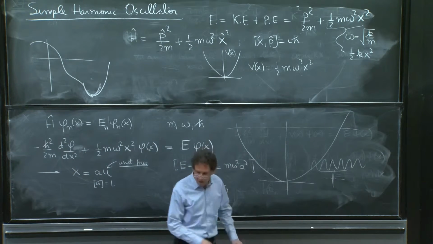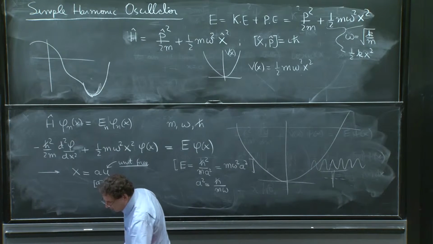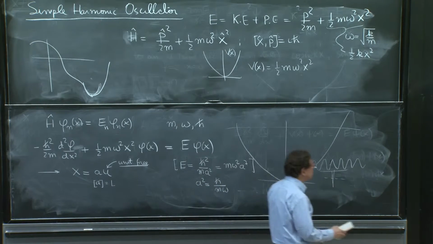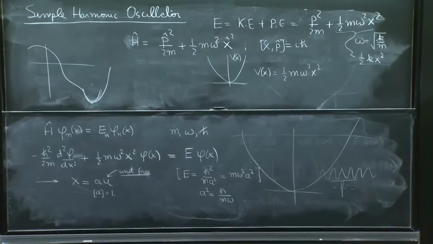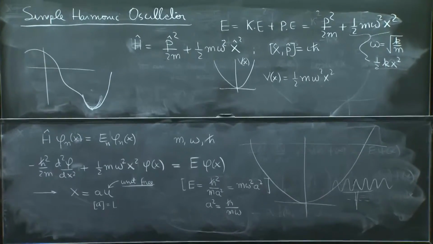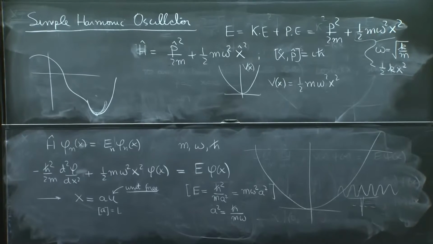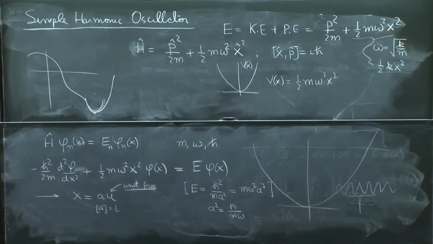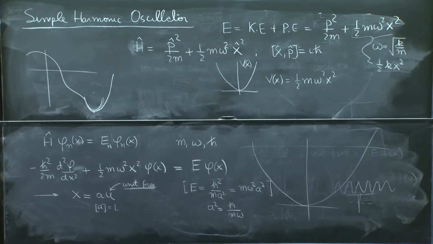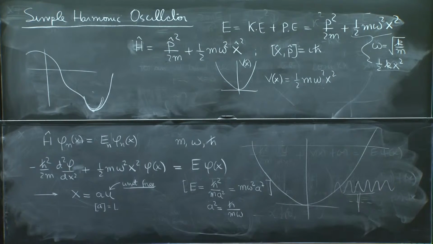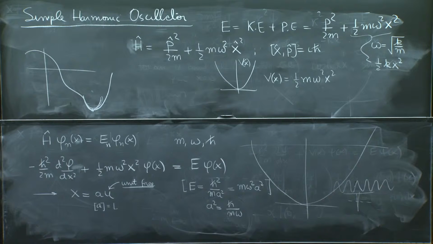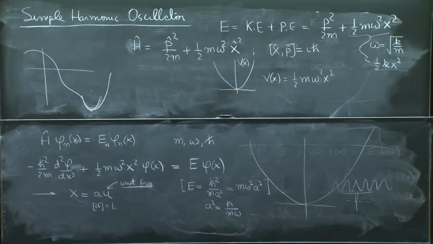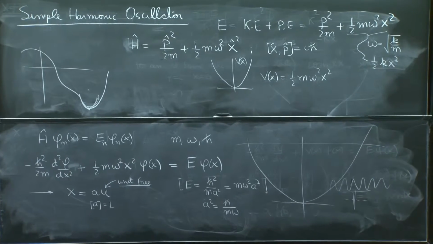If you have that constant, your differential equation becomes what? Well, it becomes the following. Let's write it out. It's very simple because x is equal to au, and therefore you get minus h bar squared over 2m a squared d second phi du squared.